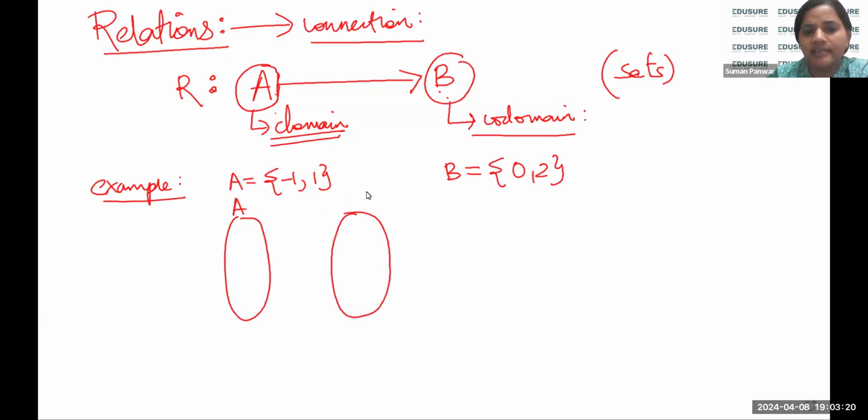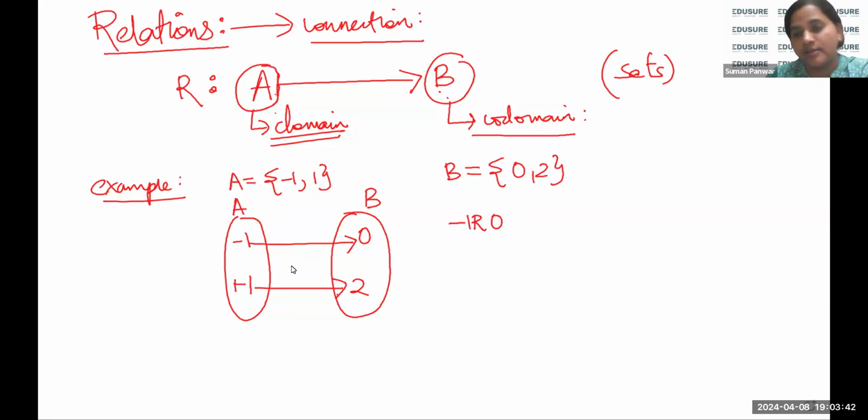This is my set A, this is my set B, and this is my element -1, this is element 1, this is 0, this is 2. So -1 is going to 0 and 1 is going to 2. So this is a relation where -1 is going to 0. I am saying -1 is related to 0. This is a terminology. So we have a relation from A to B.